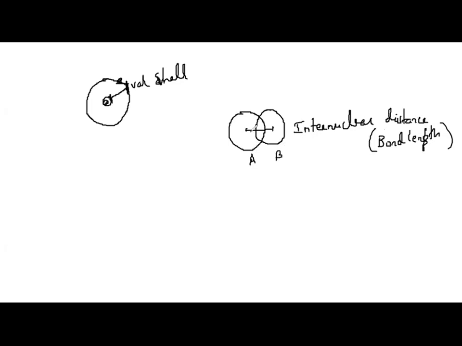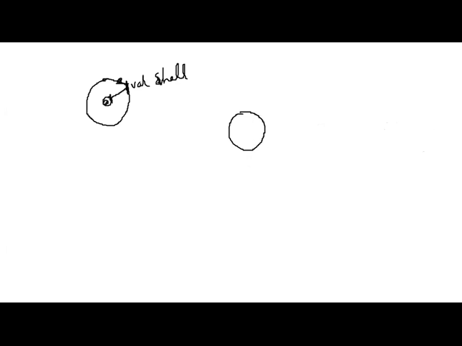Let me say this is atom A, this is atom B. So I will measure the internuclear distance. This is the radius of atom A, the radius of atom B. So RA plus RB is the internuclear distance. Take half of it, and you will get the atomic radius or atomic size.